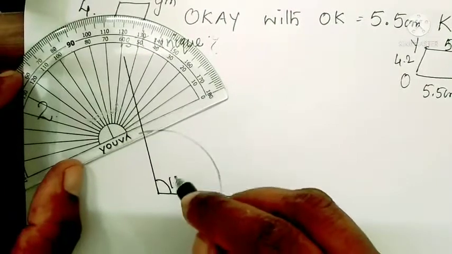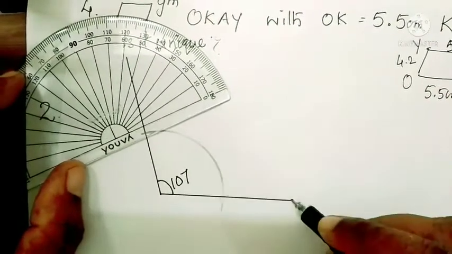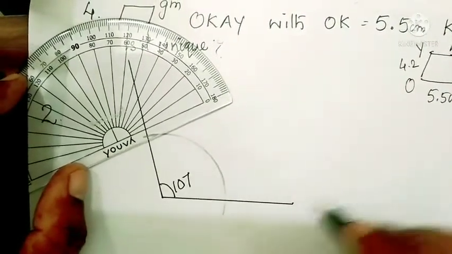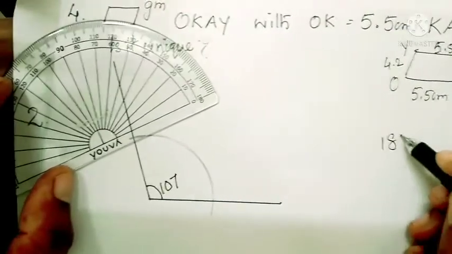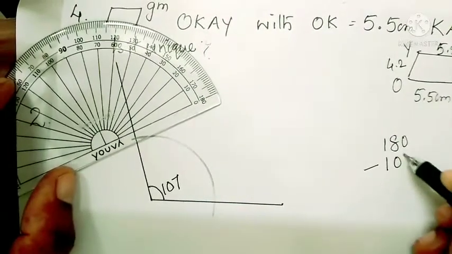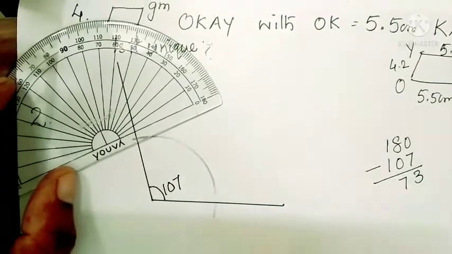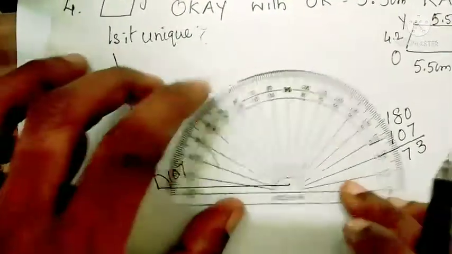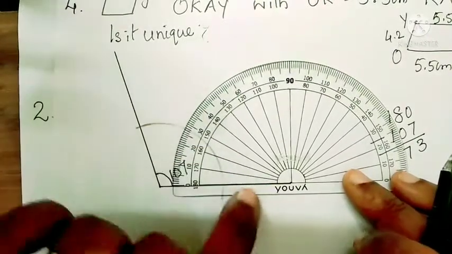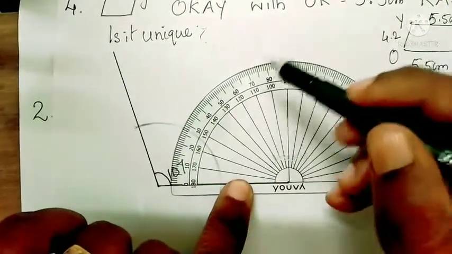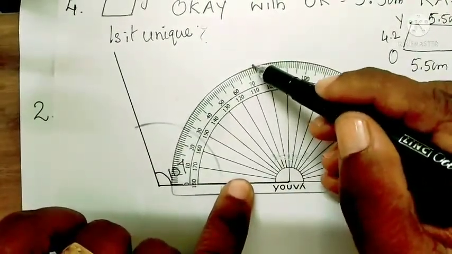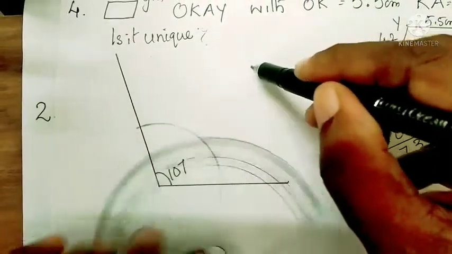So, if this is 107 degree, what can be this angle? This angle should be 180 minus 107. How much is it? It should be 73 degree. So, here we need to make an angle of 73. This is 70, 71, 72, 73.